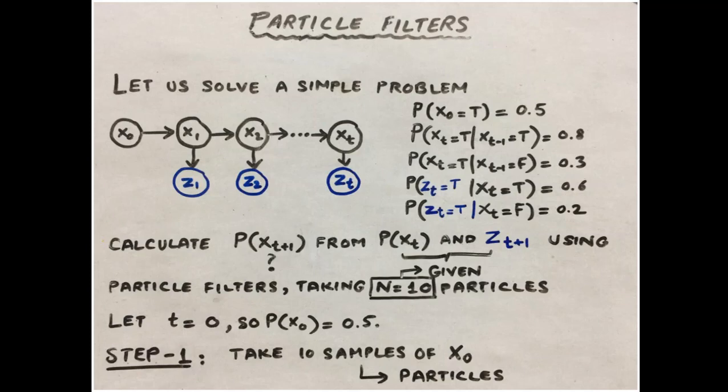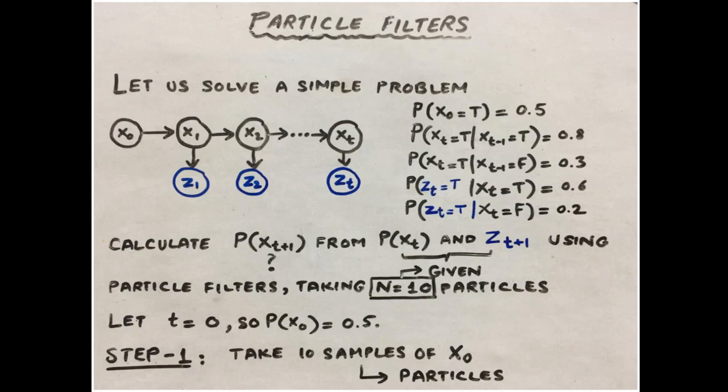We're going to take 10 particles in this example, and we're assuming a prior probability of the state variable at time 0, that is, probability x0 is equal to 0.5. As I had described, our step 1 will be to take samples of x0.